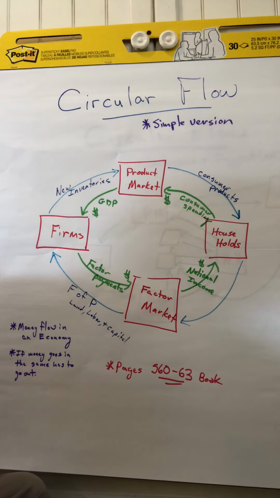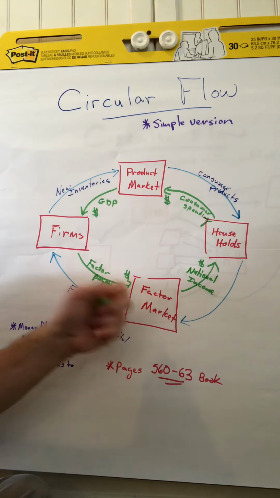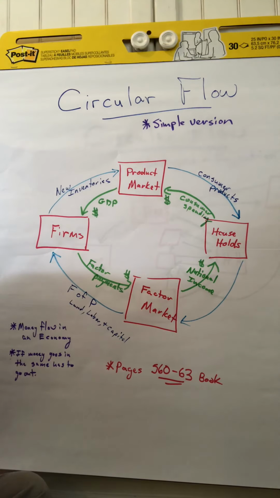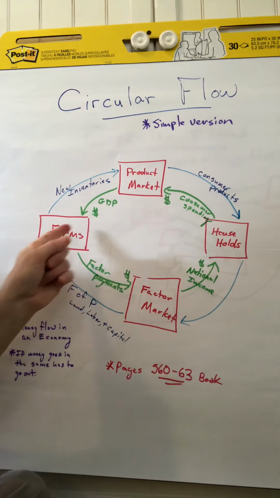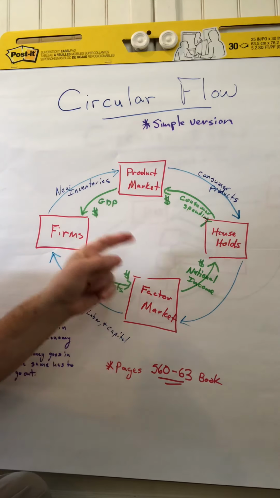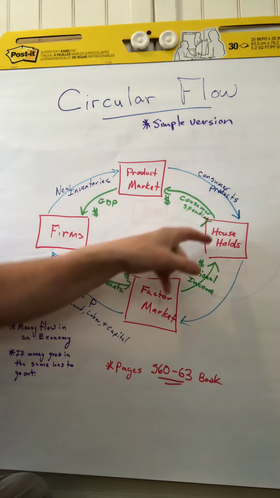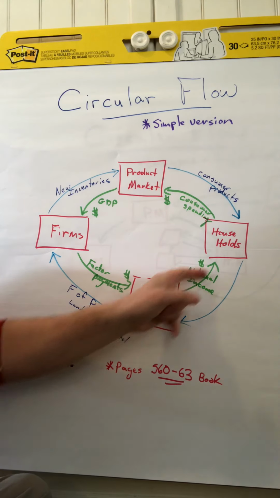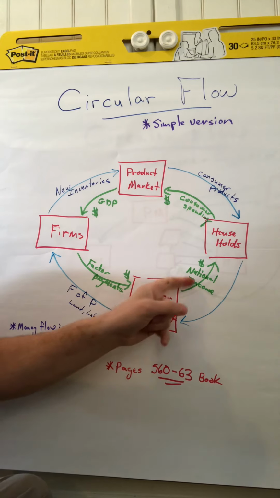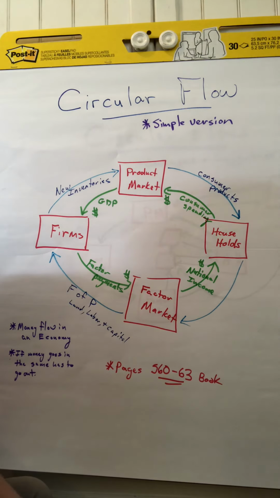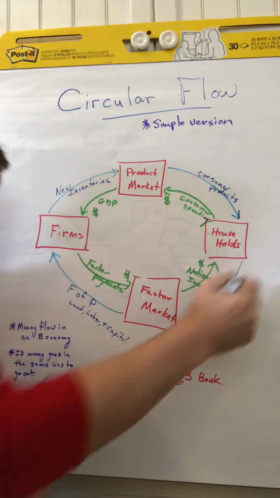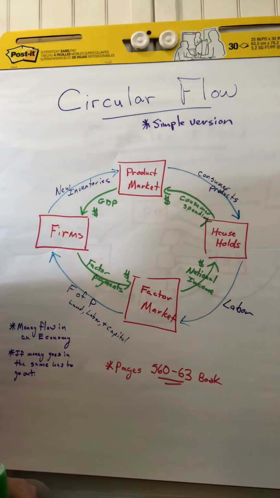So when you take a look at the United States national income, it's basically, in theory, based off this circular flow theory, from the factor market back to households. Now, of course, there are some people that actually work for firms, work for the product market, and they get paid there. But trying to keep it simple, whenever they get paid, it comes from the factor market as labor. And that's, of course, what the factor market gets back in return.